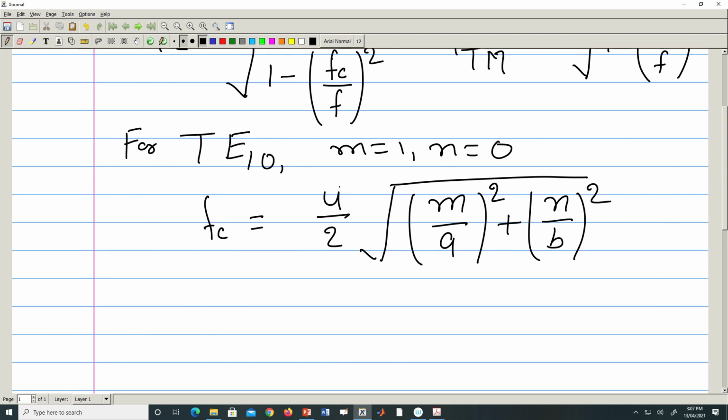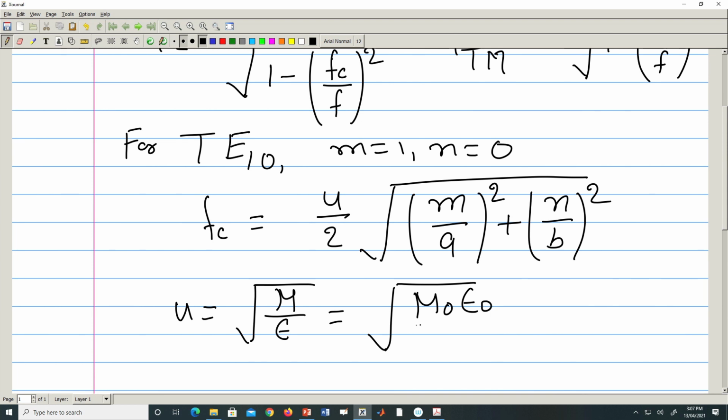It can be written as the square root of mu naught mu r epsilon naught epsilon r. Because epsilon r equals 1 and mu r equals 1, it reduces to mu naught and epsilon naught.